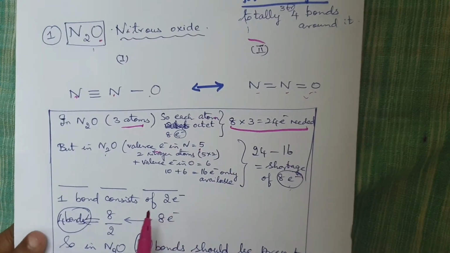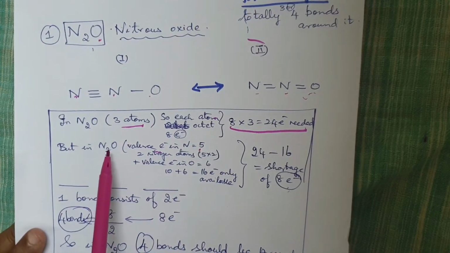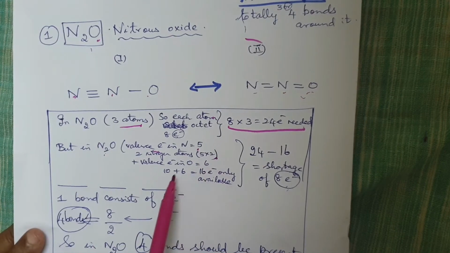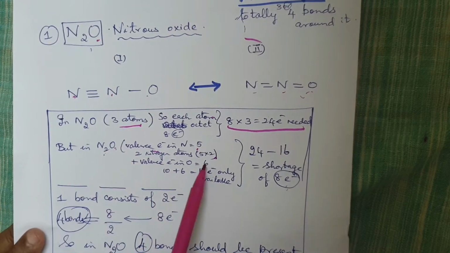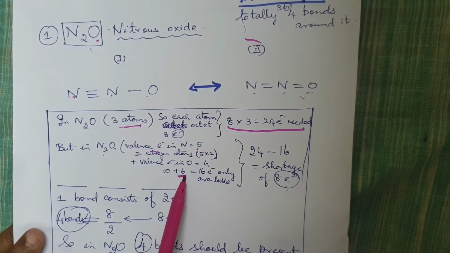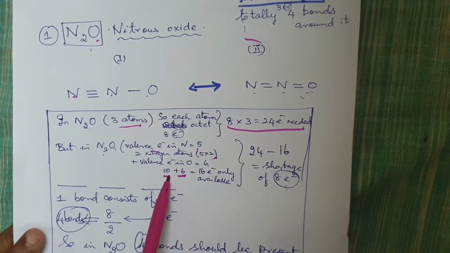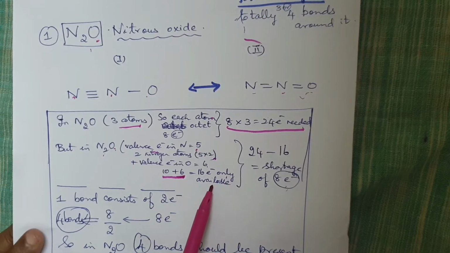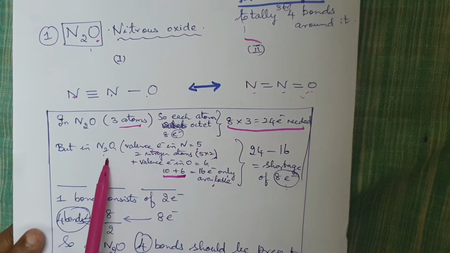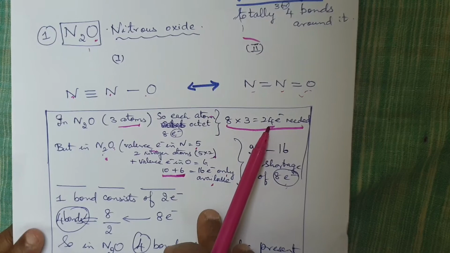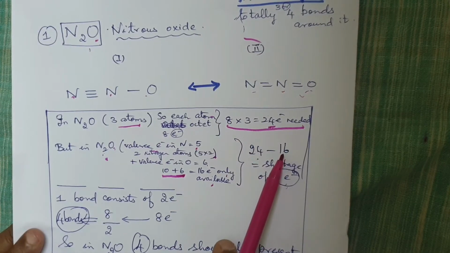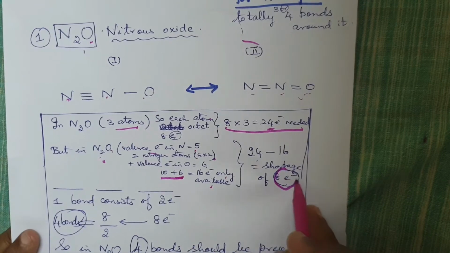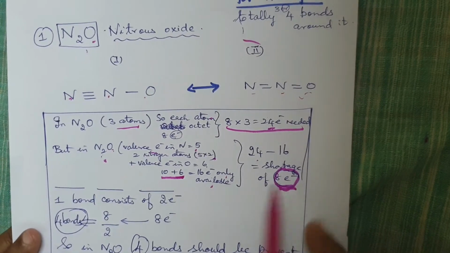There are 2 atoms of nitrogen, so 5 into 2, 10 electrons are available, and oxygen has 6 valence electrons, totally giving rise to 16 electrons available in N2O, whereas the needed number of electrons is 24. So 24 minus 16, there is a shortage of 8 electrons.